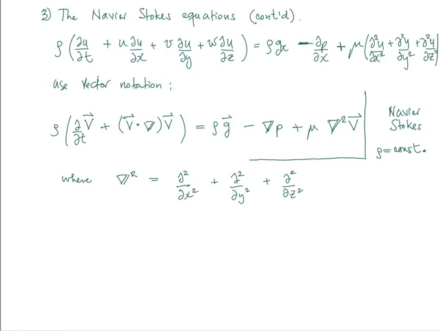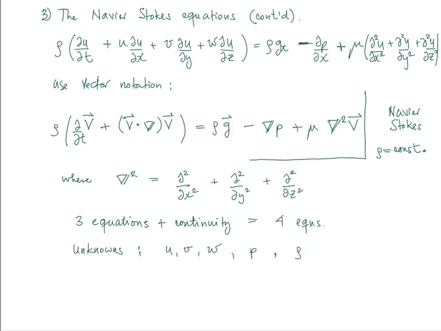So we see that this one vector equation equals three scalar equations, plus continuity. We have, therefore, four equations, and our unknowns are the three components of velocity, the pressure, and the density. So we have five unknowns.